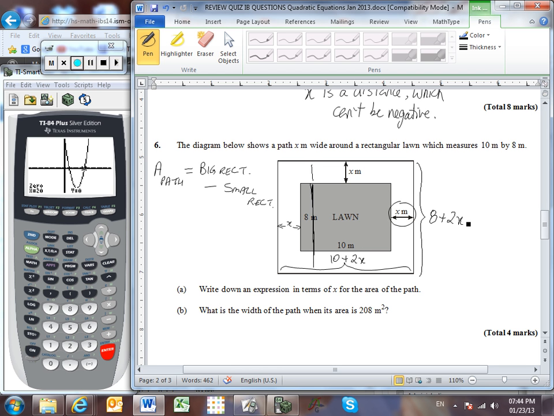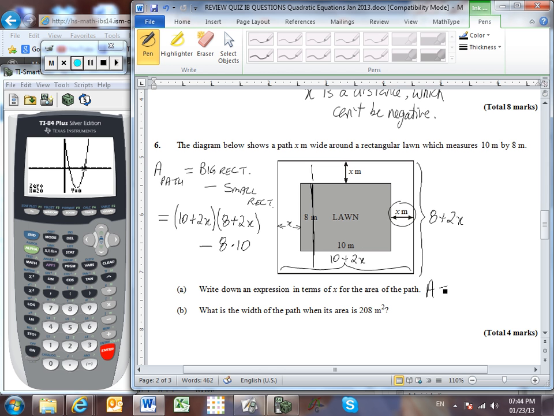And so our area then becomes the big rectangle, which is length times width, minus the area of the small rectangle, length times width, 8 times 10. And so now I've got an expression in terms of x for the area of the path.